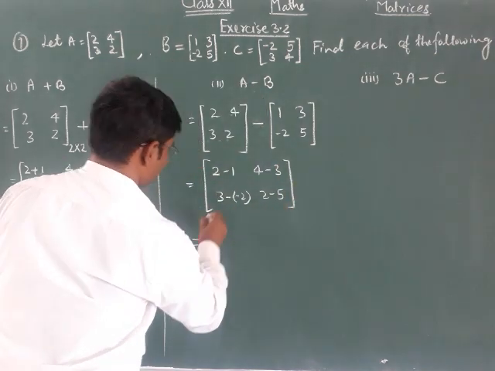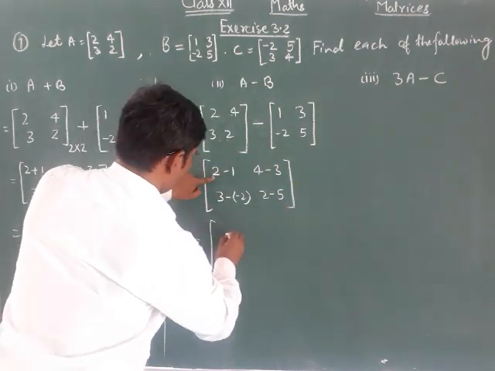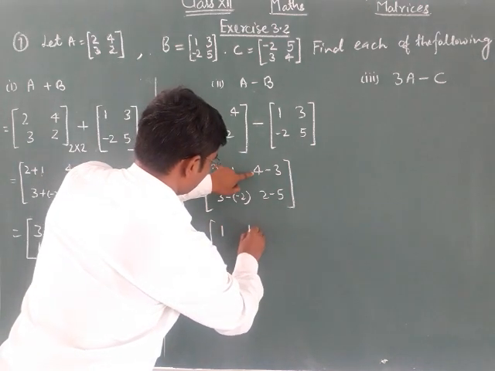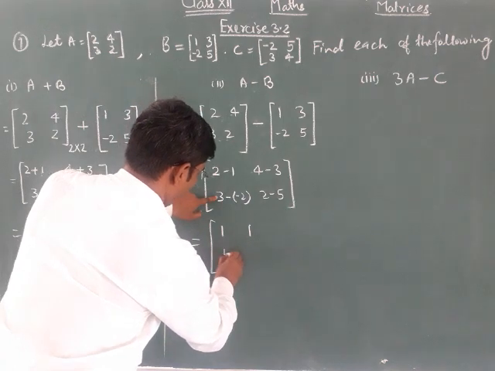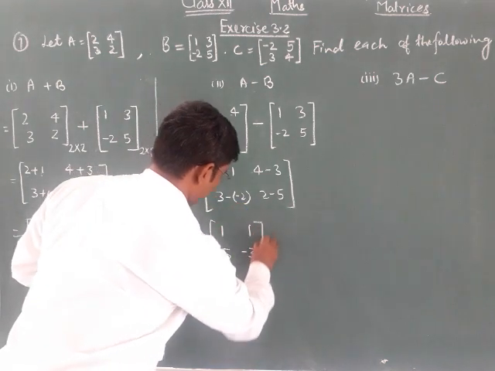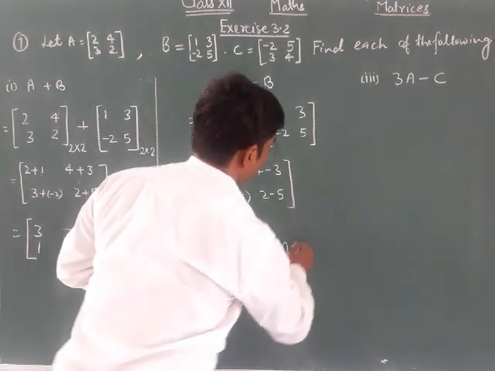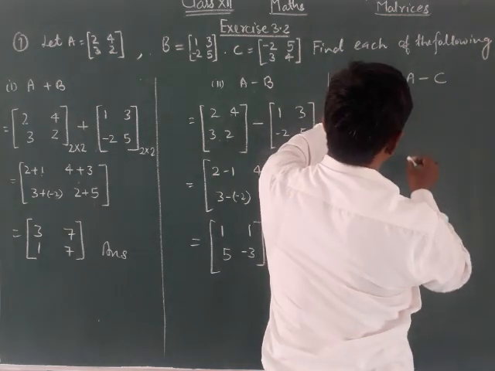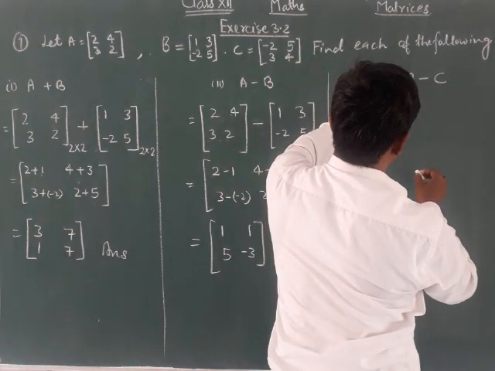So this matrix is [1, 1; 5, -3]. This is the answer.